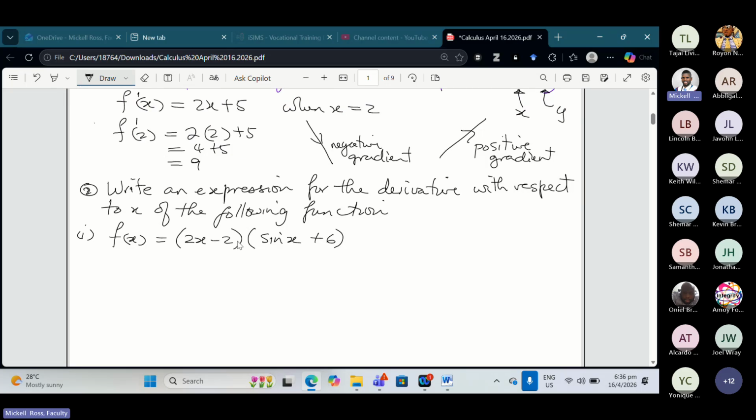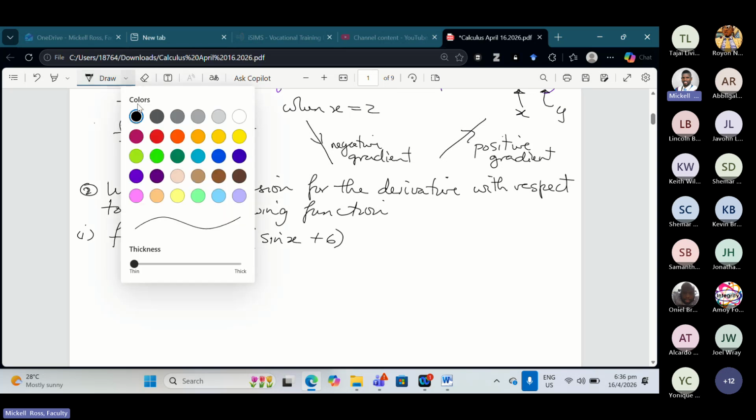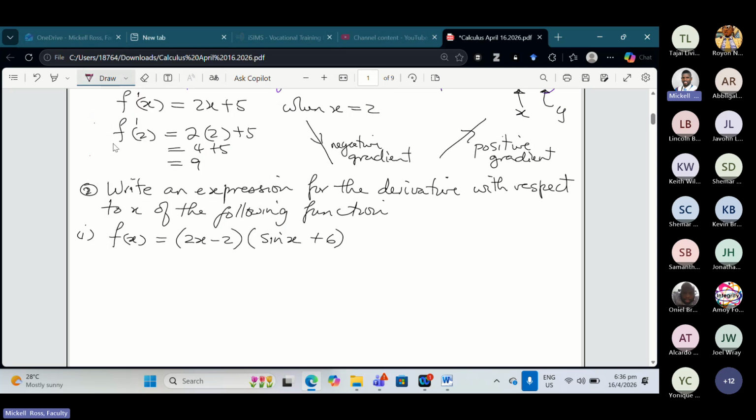This part over here could very well be another linear function or a quadratic. Let me explain. Let me just write something else there so you can understand what I mean. This could have been something like x squared plus 2x. This could have been like 3x squared plus 5. So it could have been anything over here.